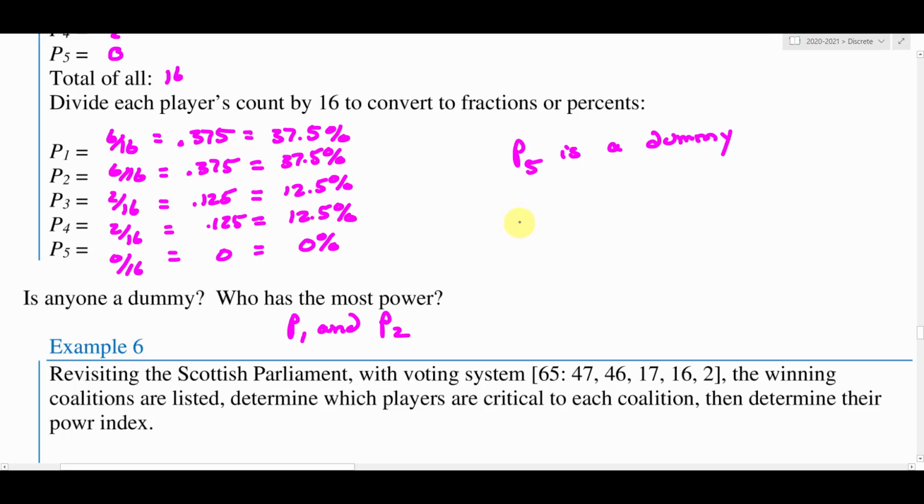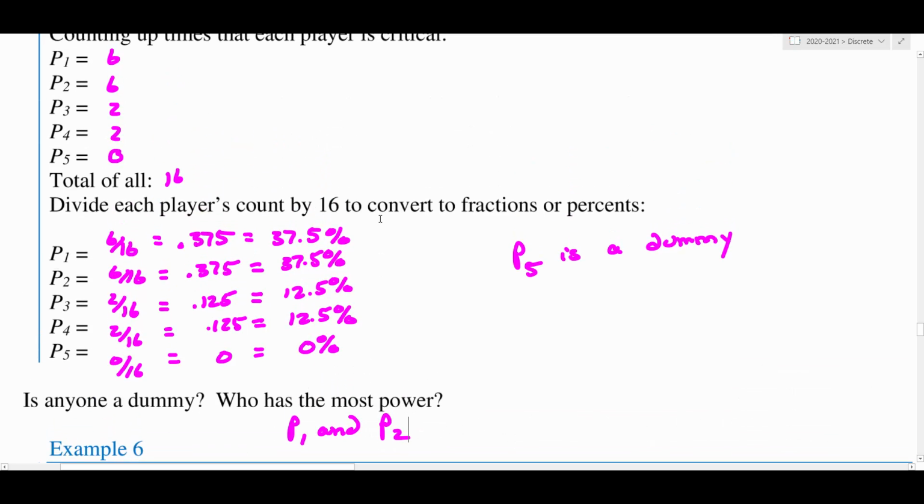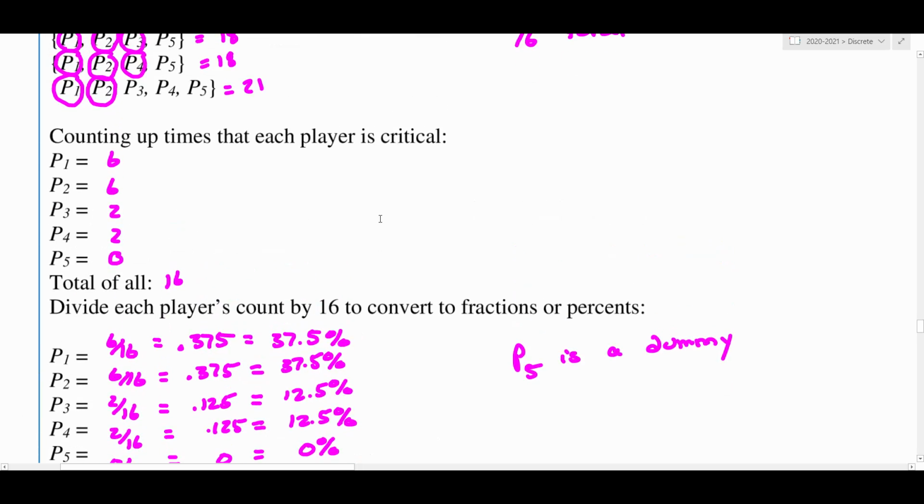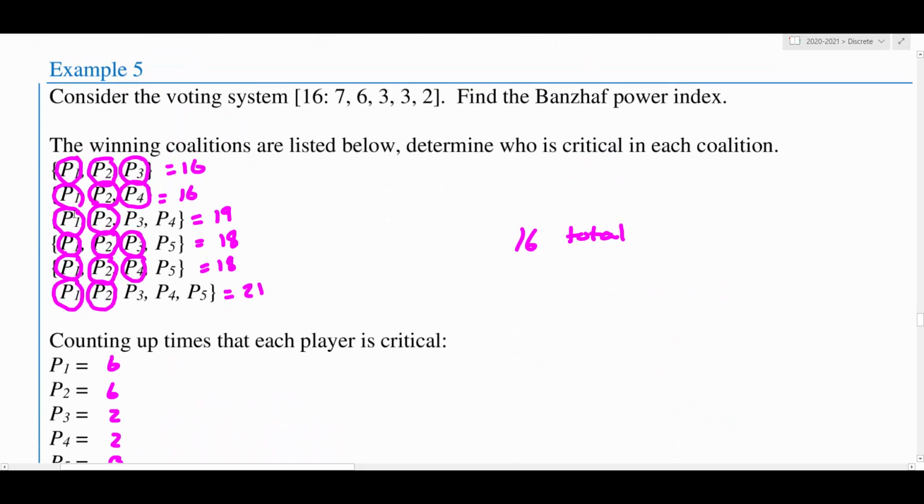And the other thing that I want to note is, does anyone have veto power? If you remember our definition of veto power from earlier, it's if anyone is essential in every winning coalition. So here are all the winning coalitions, I listed them out for you. And you'll notice player 1 is essential in every single one. So is player 2.